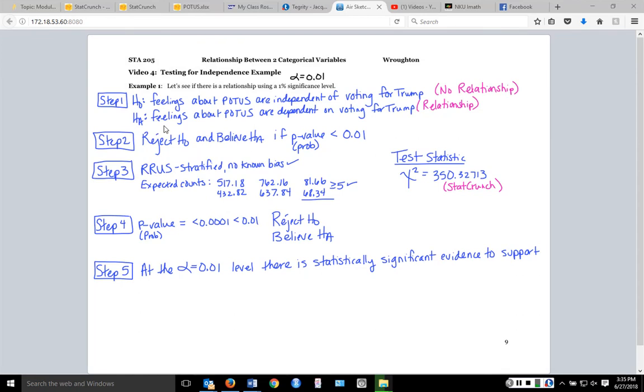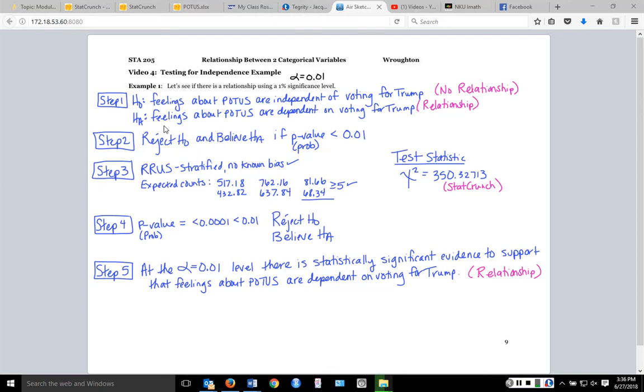So there is evidence to support that feelings about the president are dependent on voting for Trump. So we decided then there is a relationship. The one does seem to influence the other.